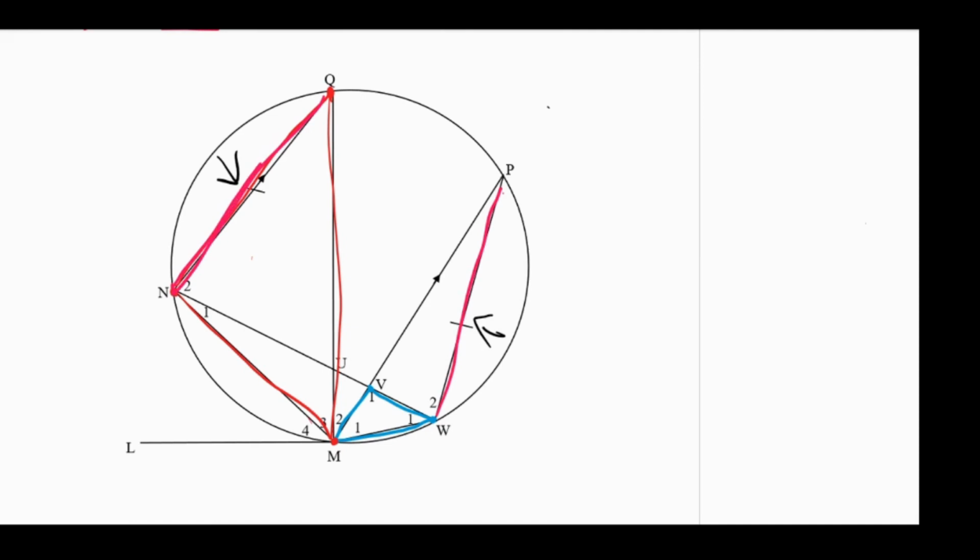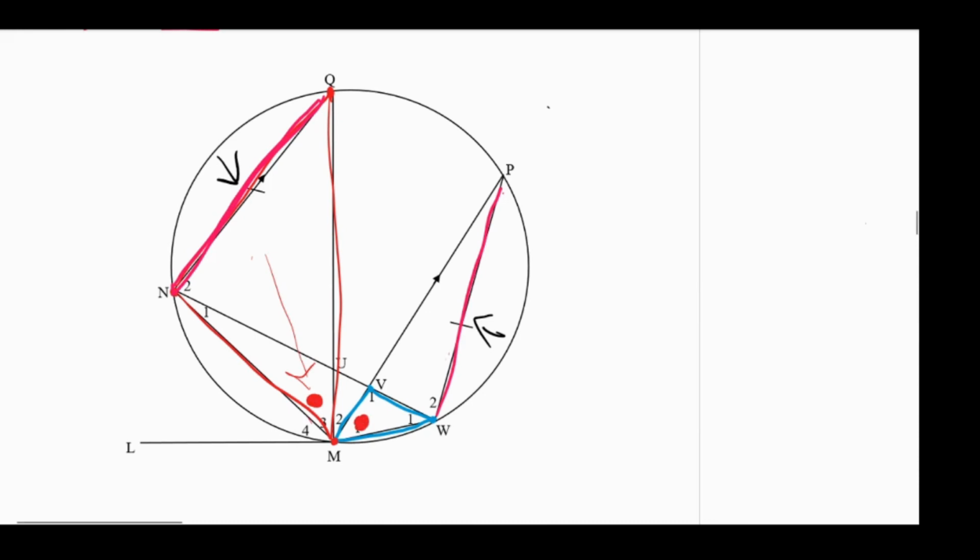So the fact that these two chords are equal, they'll produce equal angles. So meaning that it will produce an angle here. So this angle here will be equal to the angle that is produced by this chord, which is this one here. So equal chords producing equal angles.